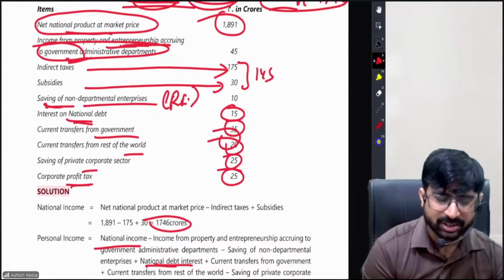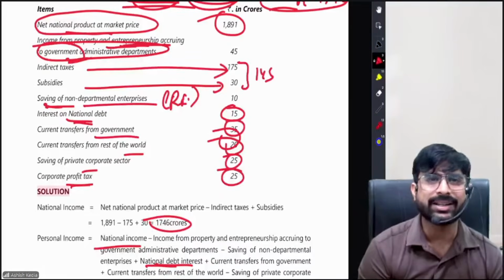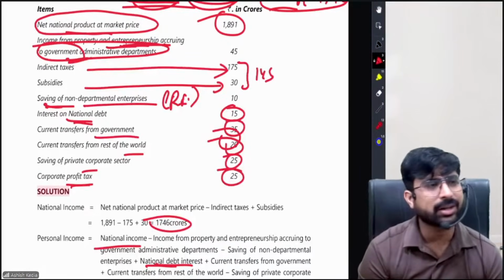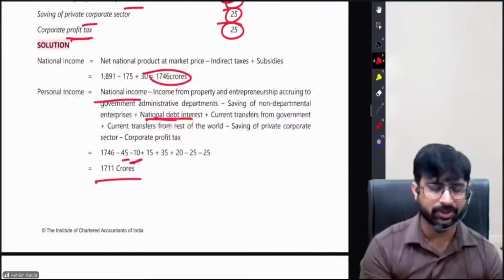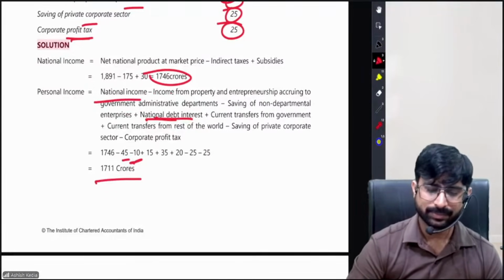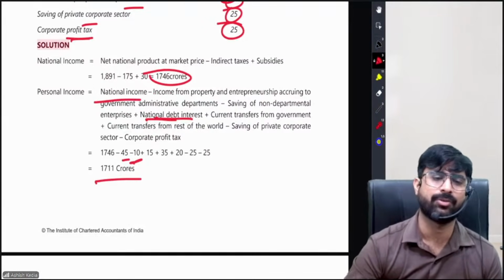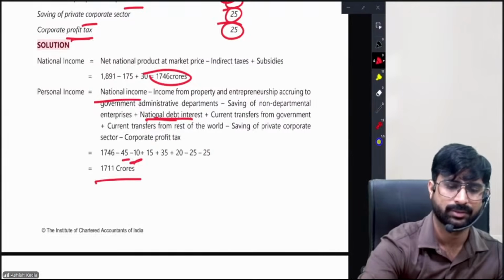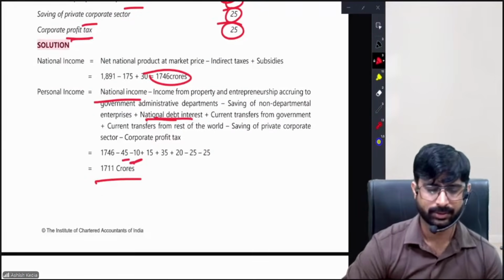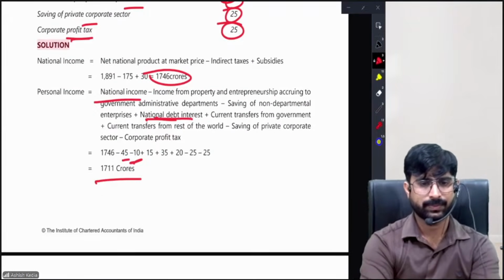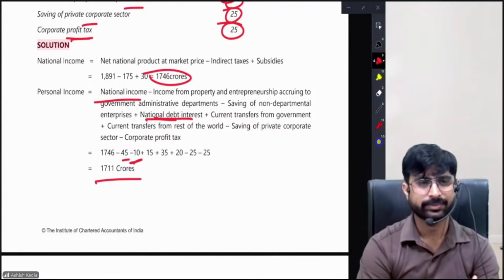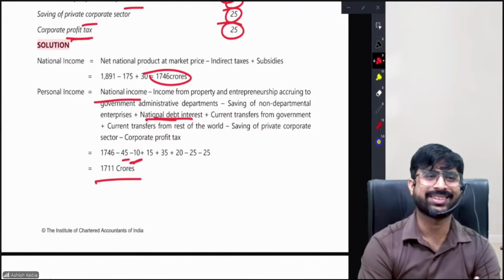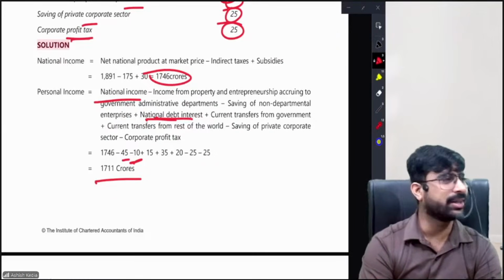Is the corporate tax reaching the households? Who is getting the tax? Government. Remove that. Bas, game over. That's personal income for you, friends. Done, sir. Personal income done, sir.